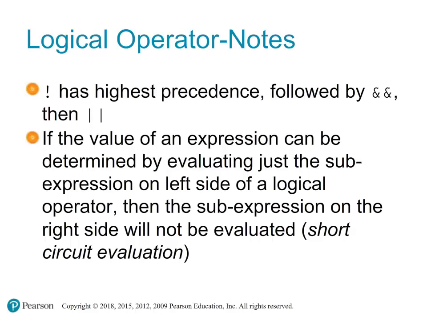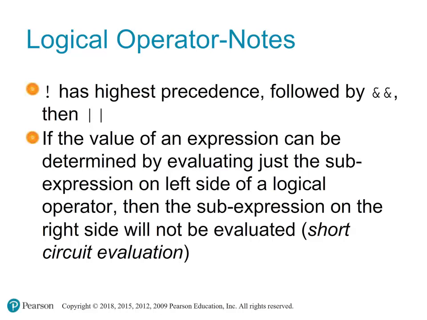Logical operators AND and OR use short-circuit evaluation. This means if the result of the entire expression can be determined by the left-hand operand alone, the right-hand operand will not be evaluated.